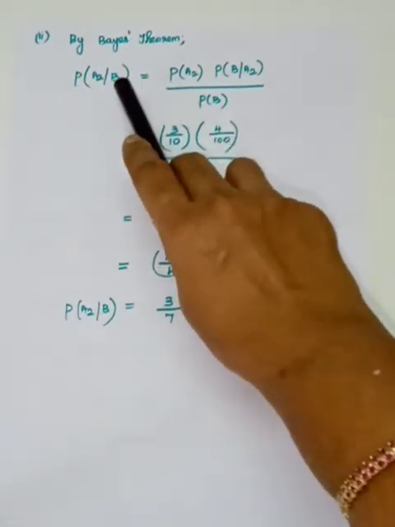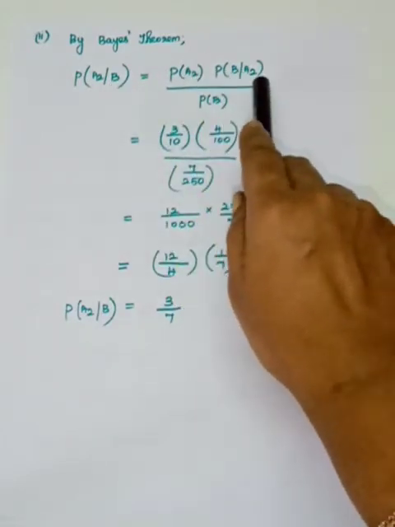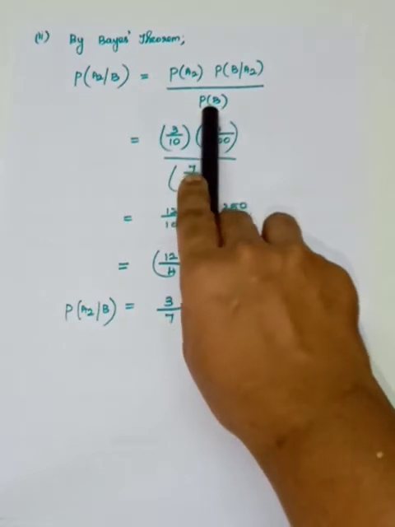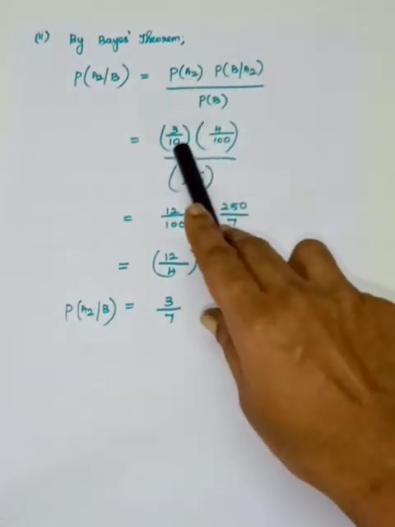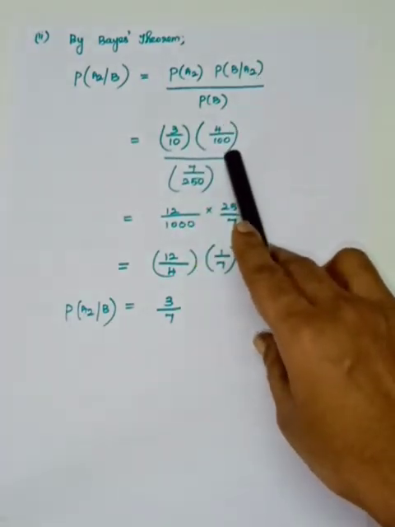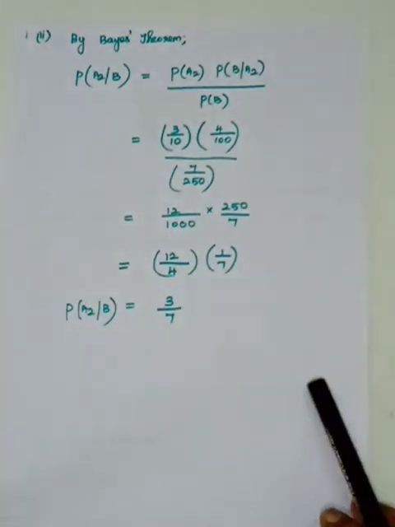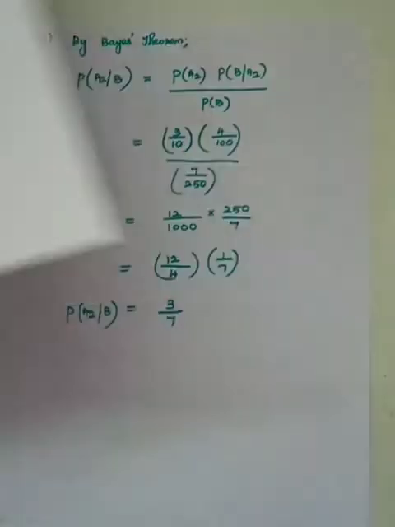By Bayes theorem, you can write this as P of A2 into P of B by A2 divided by the total probability of B. So P of A2, we have written it is 3 by 10. P of B by A2 is 4 by 100. P of B, in the first subdivision we have found, is 7 by 250.